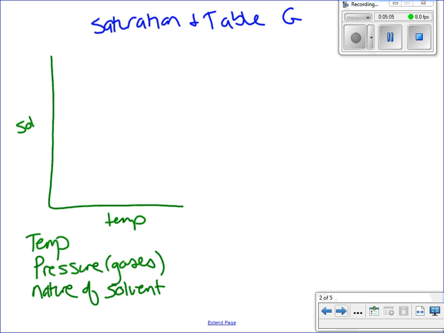That means that polar goes with polar and ionic, and nonpolar goes with nonpolar. So nonpolar solutes will dissolve way better in nonpolar solvents, and polar solutes and ionic solutes will dissolve way better in polar or ionic solvents.